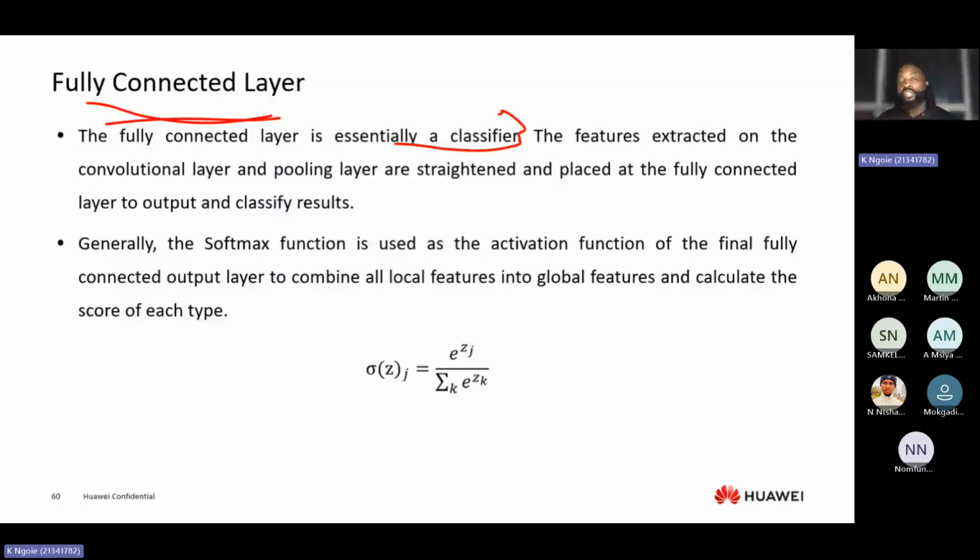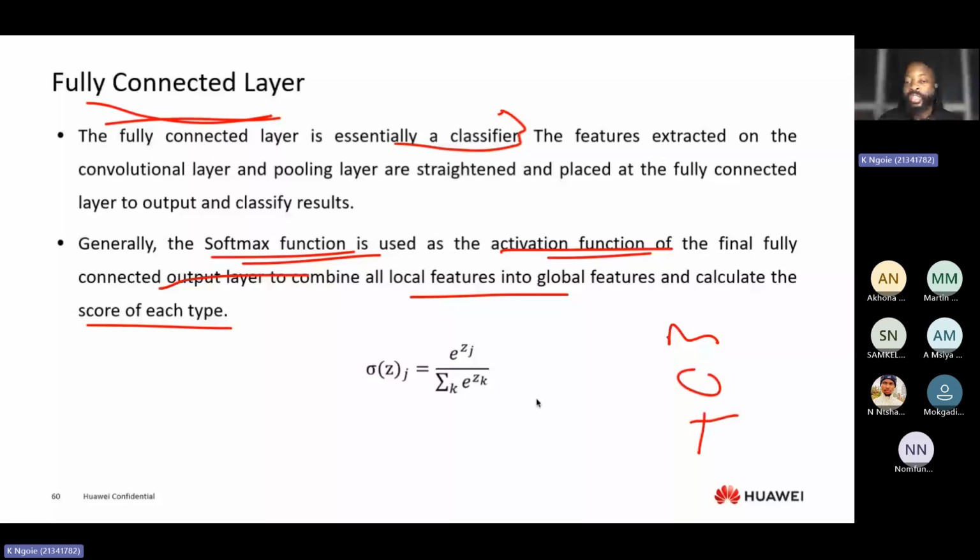Generally, the softmax function is used as an activation function of the final fully connected output layer that you use to combine all local features into global features and calculate the score for each type. So if you are trying to determine between mangoes, oranges, and tomatoes, this softmax will be used here.